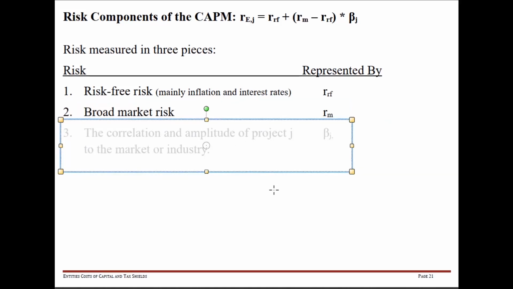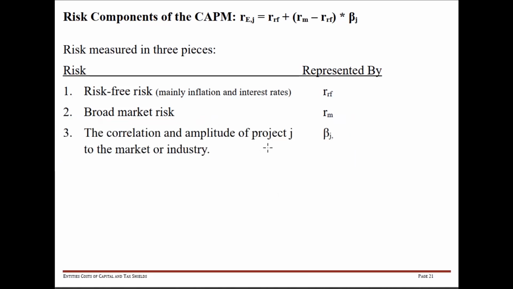And then the third piece is that correlation and amplitude of entity J's returns compared to the market or the industry. So this again comes from our regression analysis of entity J versus the market. So the CAPM model has risk in three pieces.